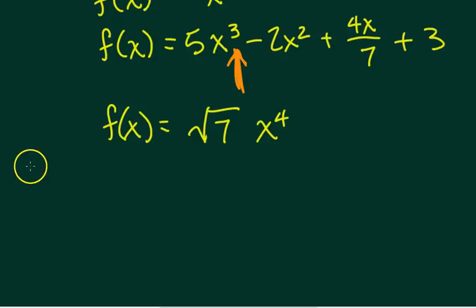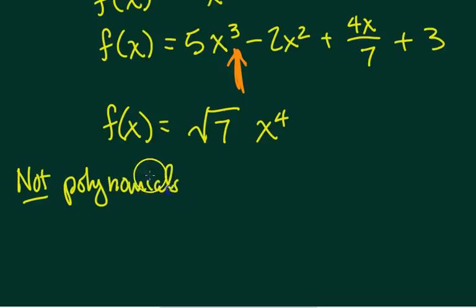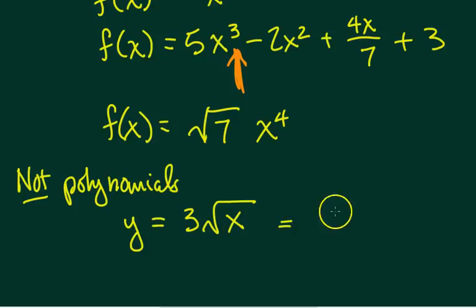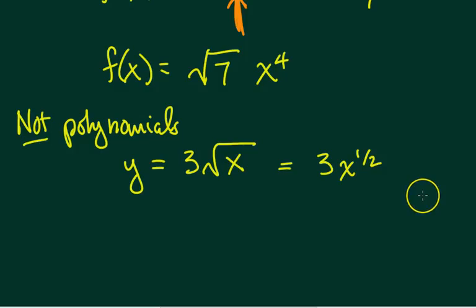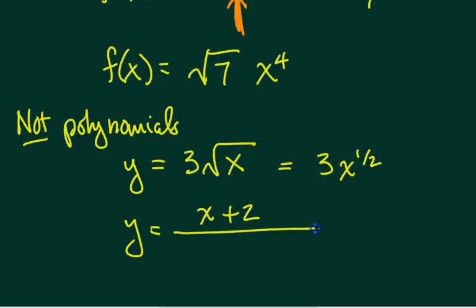Here are some counterexamples, things that are not polynomials. Well, if I take that square root and I put it over the variable rather than just over a real number, I could rewrite this as 3 times x to the 1/2. 1/2 is not an allowable exponent for this. Here is a ratio of 2 polynomials.